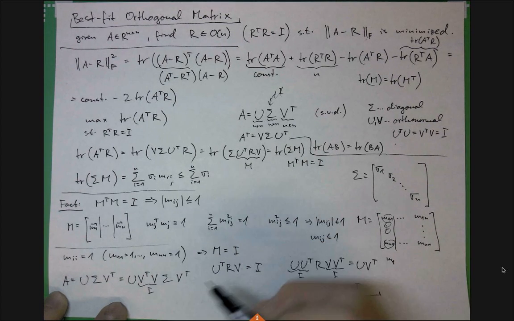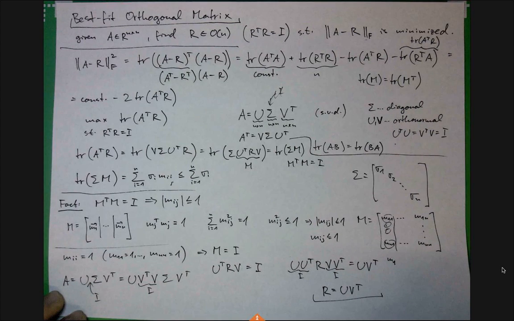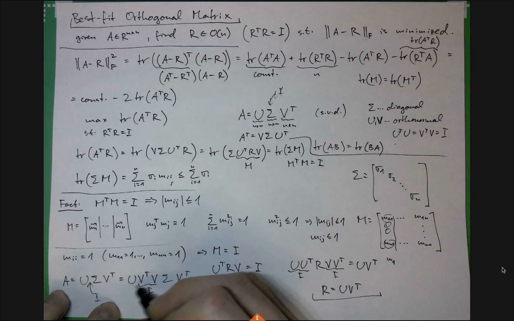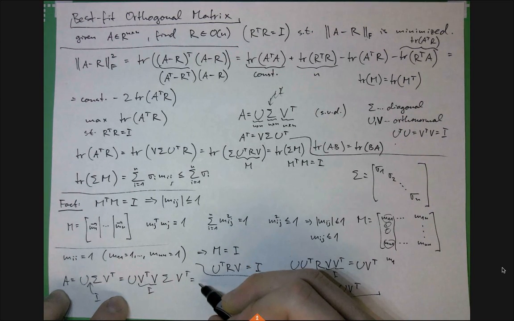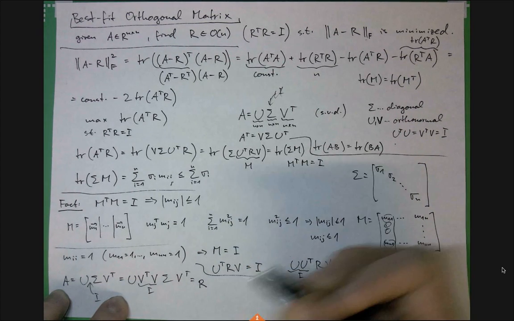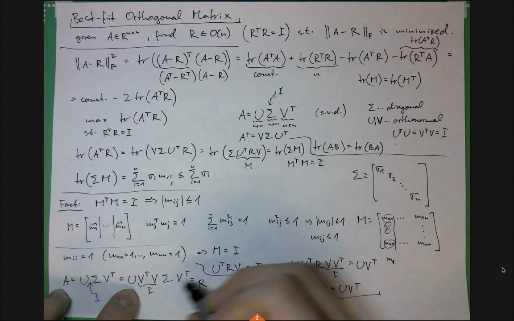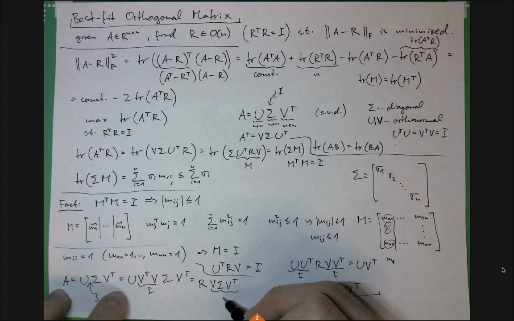I can stick in identity wherever I want, and I can write the identity as V^T V because V is an orthonormal matrix. But then the U V transpose, as we just found, is the best fit orthogonal matrix, or orthonormal, sorry, I sometimes confuse them. So this is R times V sigma V transpose.